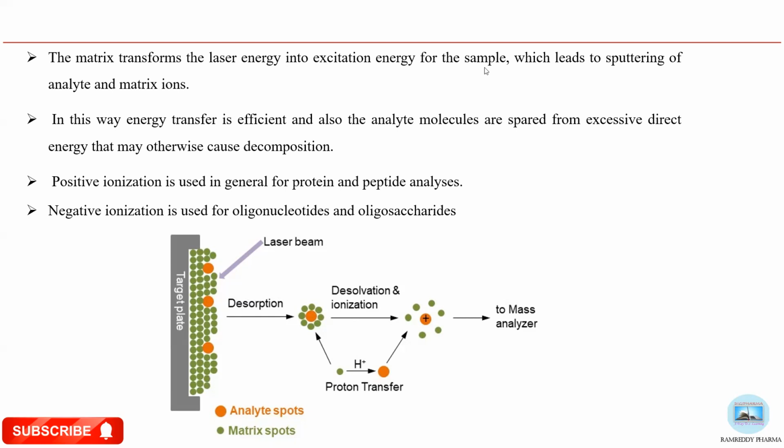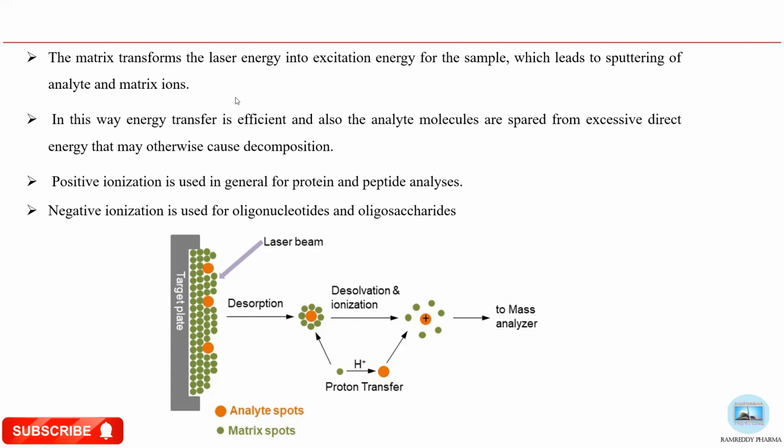Only the required amount of energy is transferred from the matrix to your sample for excitation, for conversion of the molecule to a molecular ion. This leads to sputtering of analyte and matrix ions.